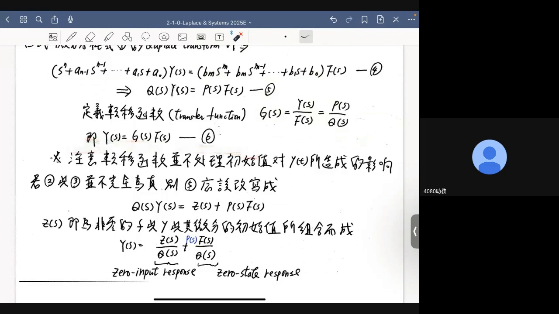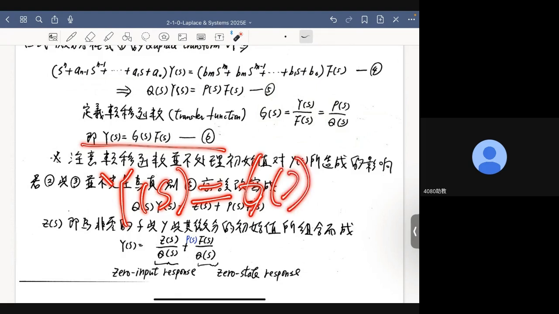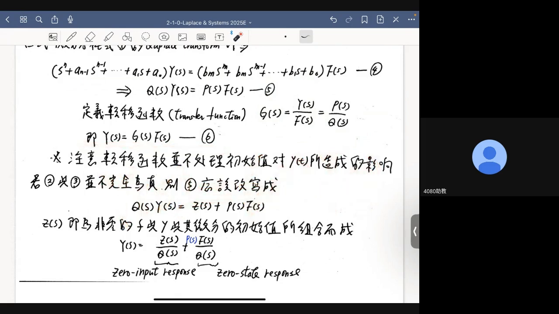Equation 6 is a very wonderful result. Why? Because it tells you the output is actually the product of the transfer function and the input. With one simple equality, it tells you how input interacts with the output.